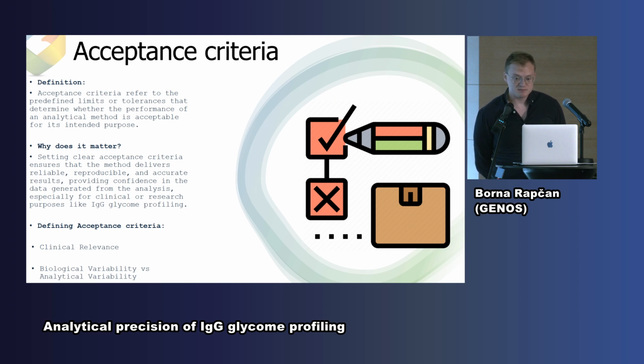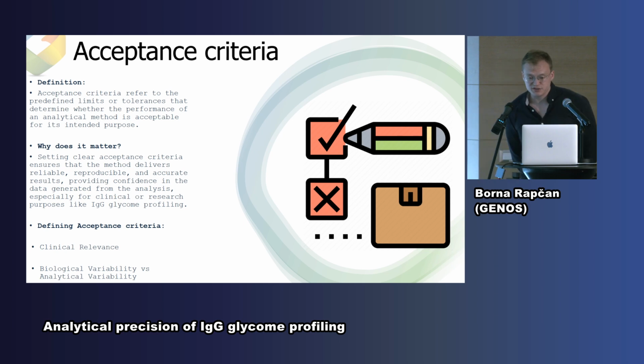Acceptance criteria can be determined based on several factors. Some of the most common are clinical relevance, biological variability compared to analytical variability, so you expect your analytical variability to be lower than biological variability, and finally, your instrument capability and technical limitations.